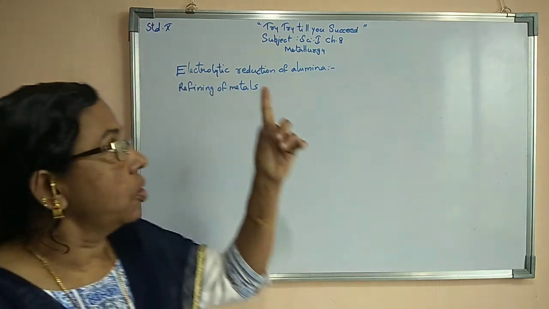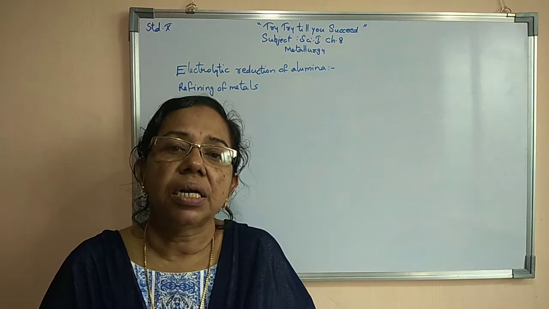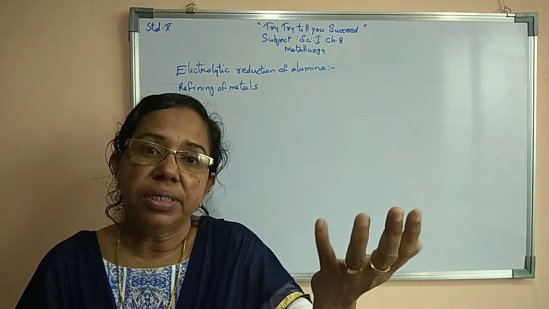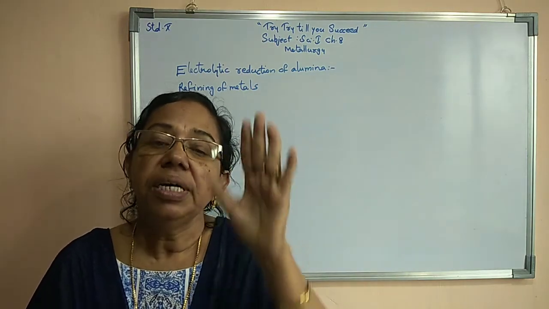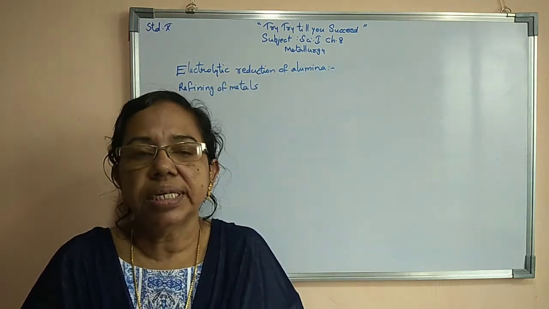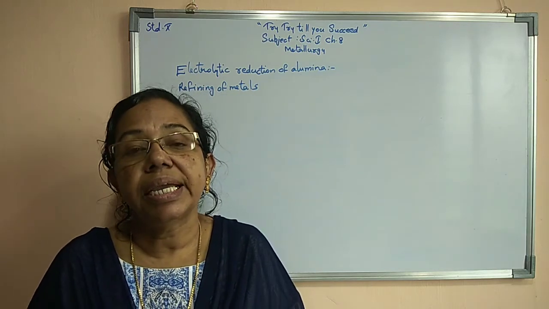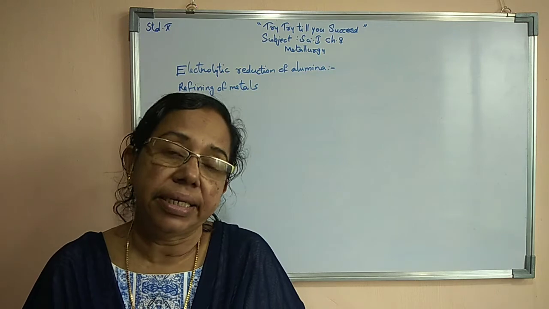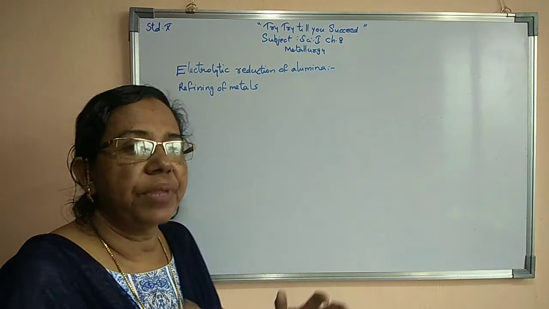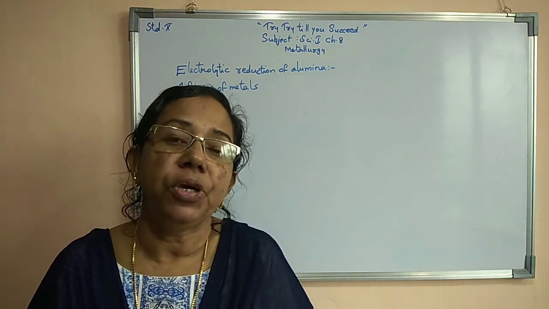In the case of electrolytic reduction of alumina, the electrodes are carbon, or graphite. The anode is graphite rods and the cathode is graphite lining. But in the case of refining of metals, which is again an electrolytic process, the cathode is the pure metallic piece and the anode is the impure metallic piece.